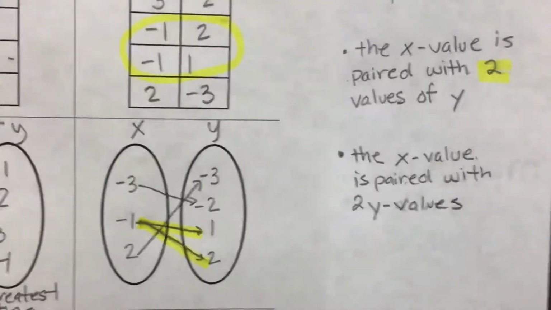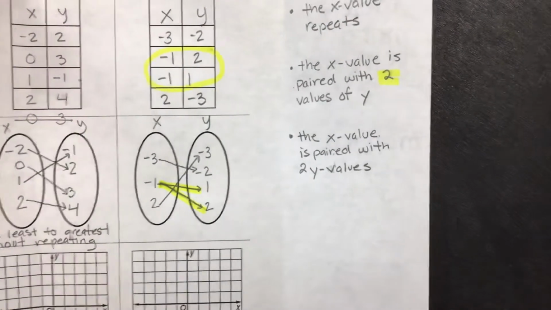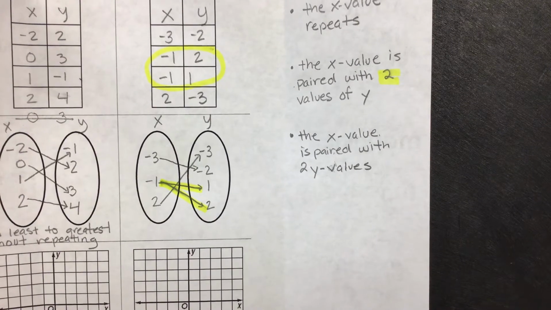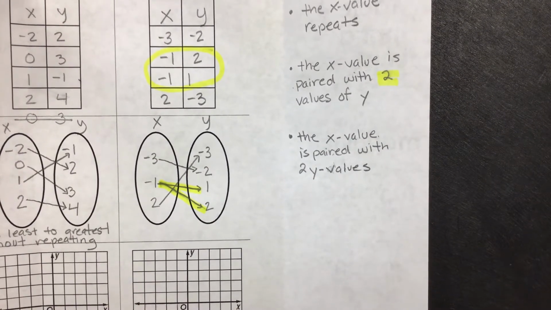This would be not a function. So if the x value is paired with 2 y values, that would make it not a function. That's a problem.